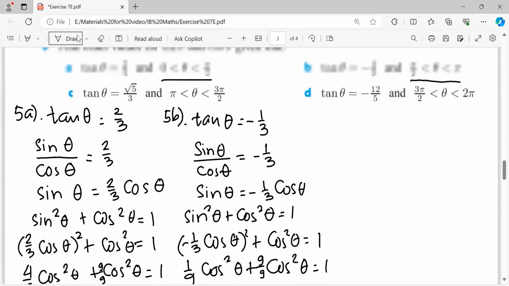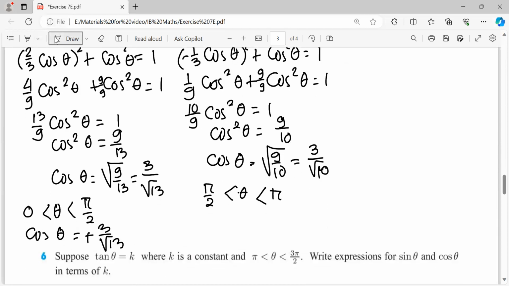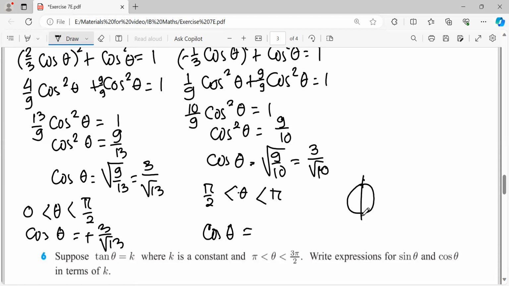Based on this information, in quadrant 2 the coordinate point is negative x, comma y.